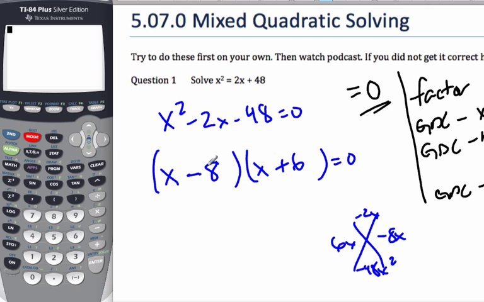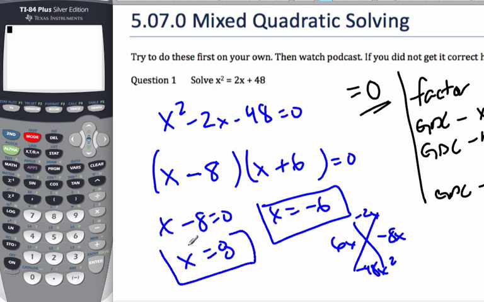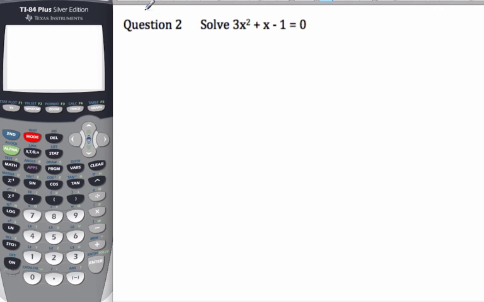And that's what ends up in here when there's a 1 in front. Solving this, I know x minus 8 is 0, so x equals 8. And x equals, just jumping right to it, negative 6. We've been doing this a lot, so we often go straight to our solution. For this first one, I think it's just as easy to factor because the numbers all work out really nicely.